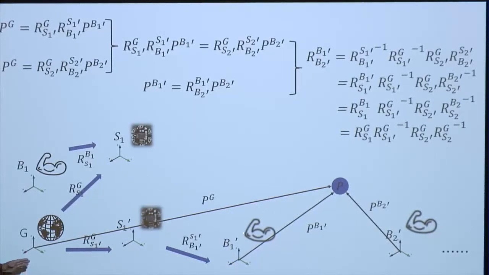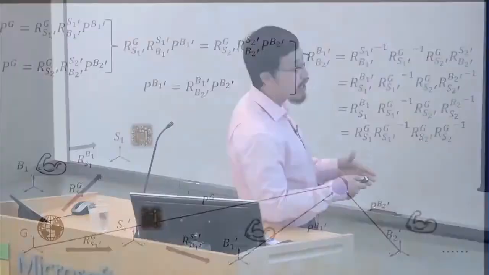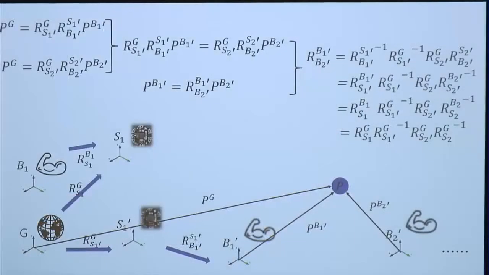So we denote this as PB1 prime. So in order to transform this representation from B1 prime to G frame, we can apply all this chain of rotation, and then we can get the proper representation in G, which is PB1 prime rotated from B1 prime to S1 prime and S1 prime to G, and then we get the representation in G.